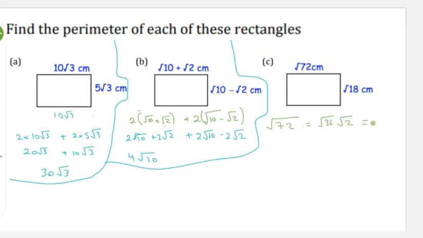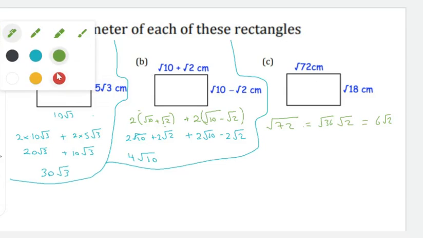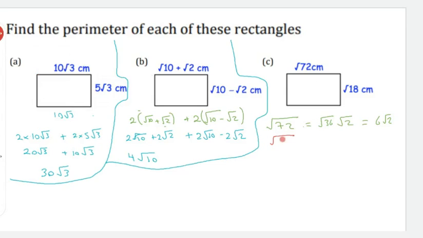And that is equal to 6 root 2, because the square root of 36 is just 6. Equally, the square root of 18 can be written as the square root of 9 times the square root of 2. And that's 3 root 2 because the square root of 9 is 3.